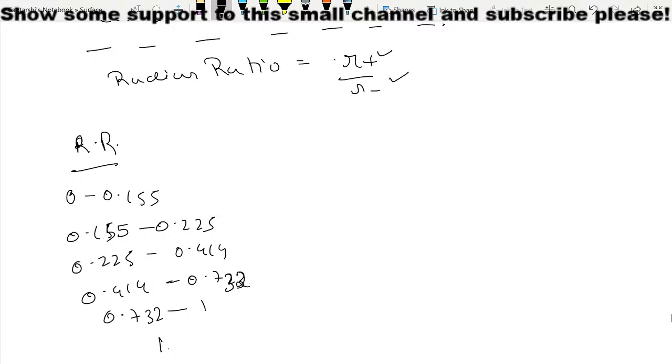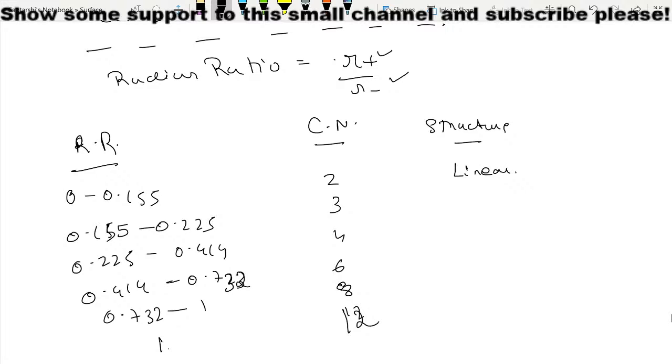First I'll show the whole chart. The coordination numbers for the corresponding ranges are 2, 3, 4, 6, 8 and 12. And the structural arrangement, or geometry: this is linear, this is trigonal planar, or triangular.